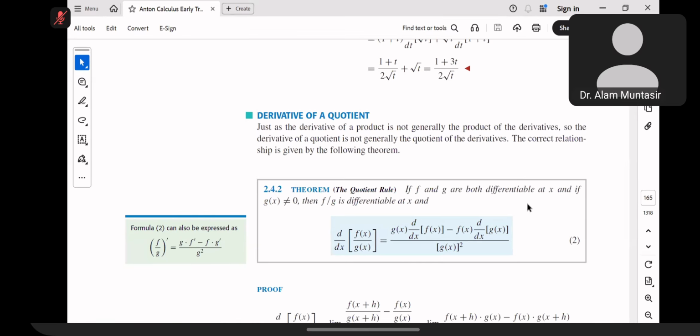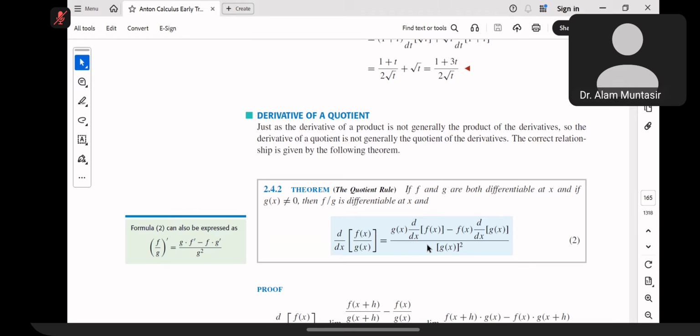Then, derivative of a quotient, that means derivative of a quotient function. Using the quotient rule of differentiation, we can take the derivative of any quotient function. A quotient function means a P by Q form function.